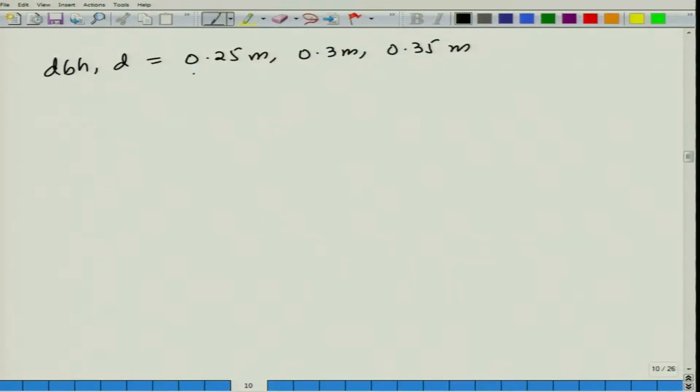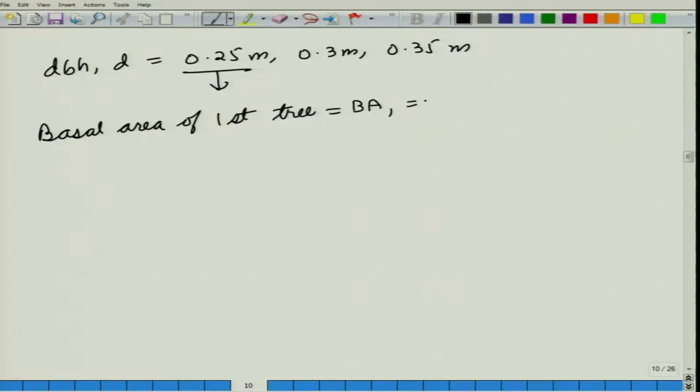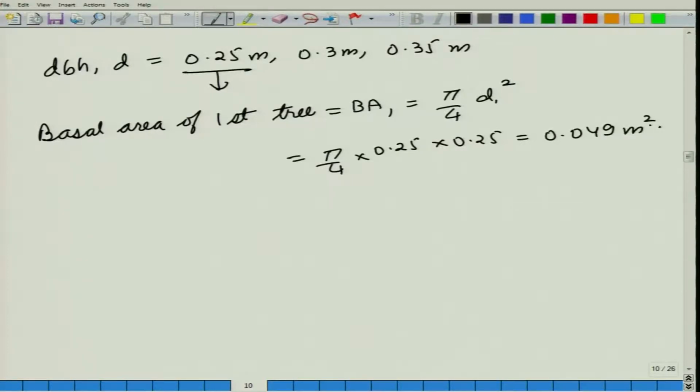Now for the first tree of 0.25 meters, the basal area, let us call it BA1, is given by pi by 4 d1 square, where d1 is 25 centimeters. So this will be equal to pi by 4 into 0.25 meters into 0.25 meters, or as we calculated in the previous example, it is 0.049 square meters.